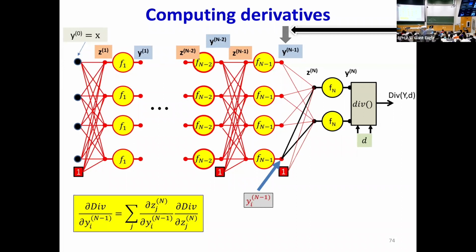Are there any terms that we've already computed? Going back here, Janice, what are the terms here that we've already computed? Can you speak up loudly, please? Yes. So in this equation, what are the terms we've already computed? Pardon me? The derivative before. So which ones are those? And the divergence in the previous layer.